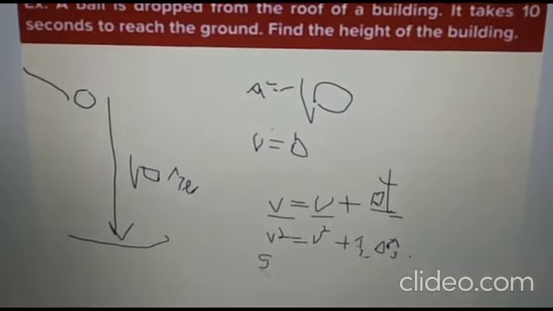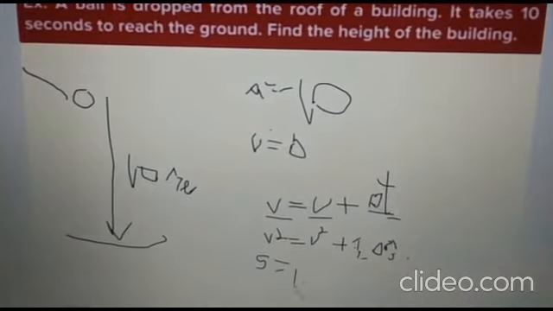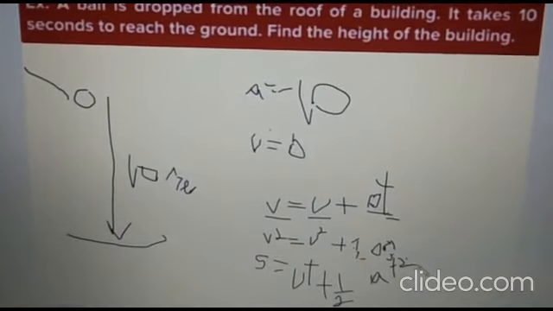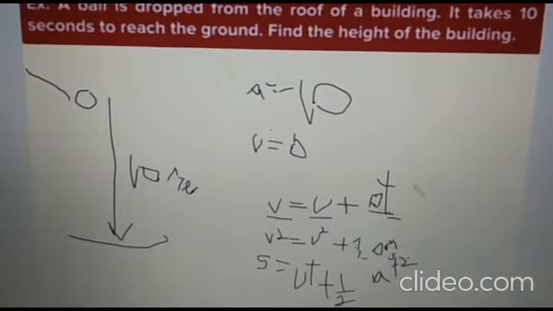The third equation is s equal to ut plus half at square. In this equation we get all these things. s is denoted by height, because it is a distance. s is what we have to find, the height only, so we write s like that.